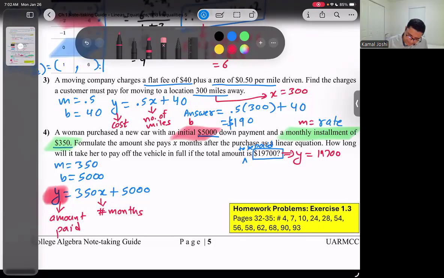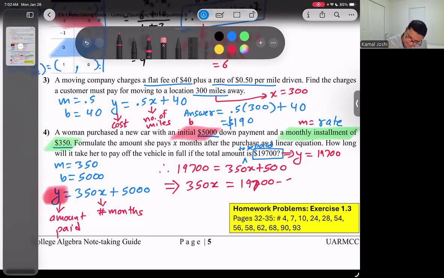So therefore you should say, okay, 19,700 equals 350X plus 5,000. And now you solve for X. 350X equals, subtract that, 19,700 minus 500, which will be 19,200.